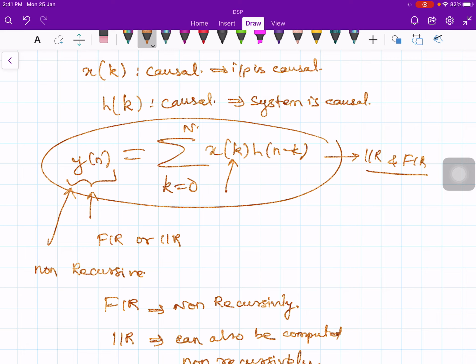Therefore, IIR filters can also be computed non-recursively, although in general it is more convenient to compute them recursively.